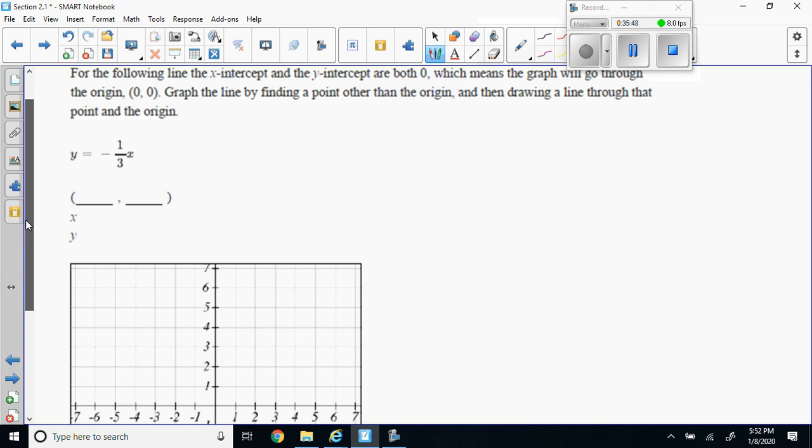Well, if the y-intercept is 0, then the x-intercept's what? 0. So can I even graph it using the intercept? No. Good. So how am I going to graph it? Just plot it down. Right? You can. Yes.